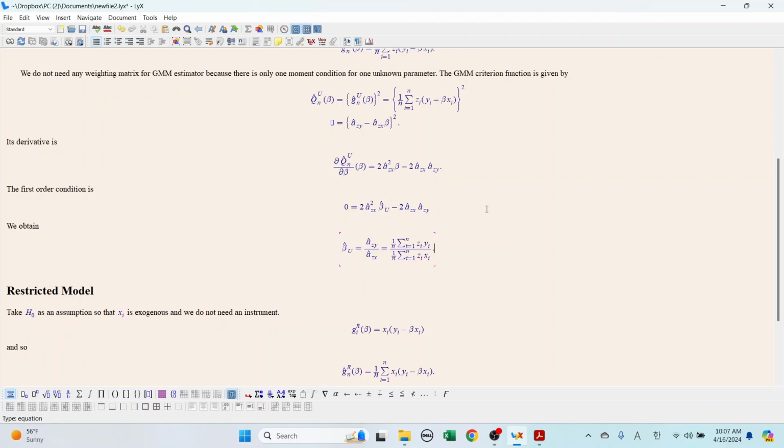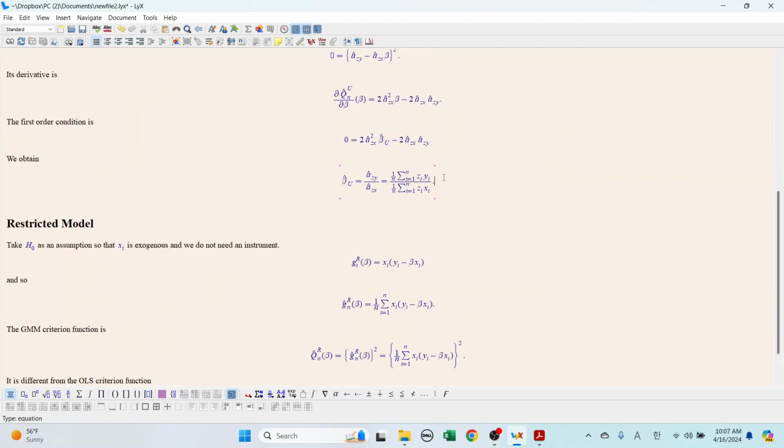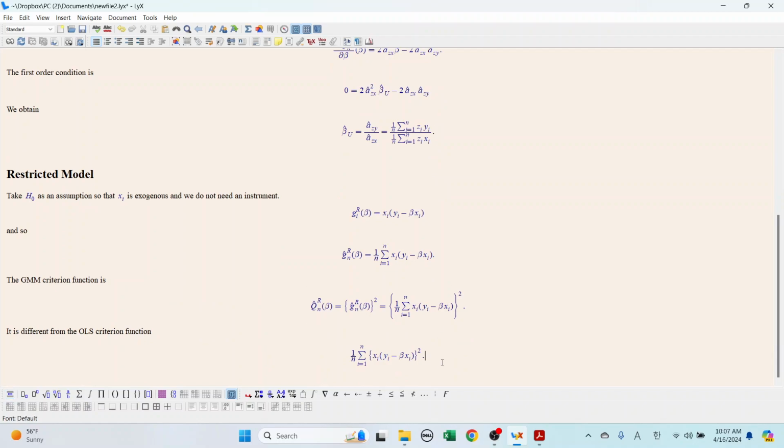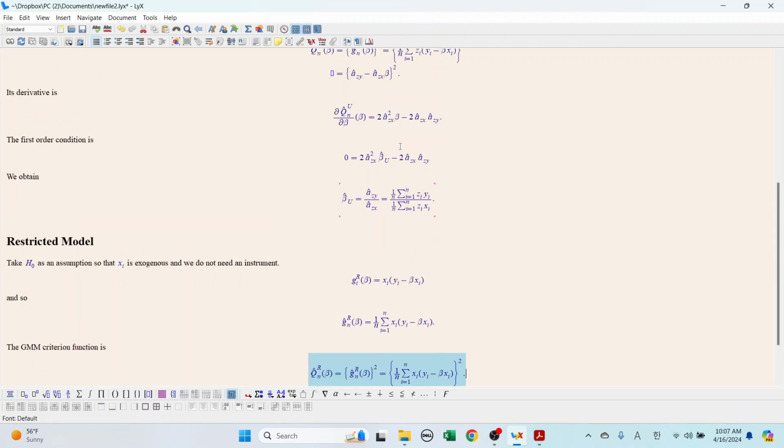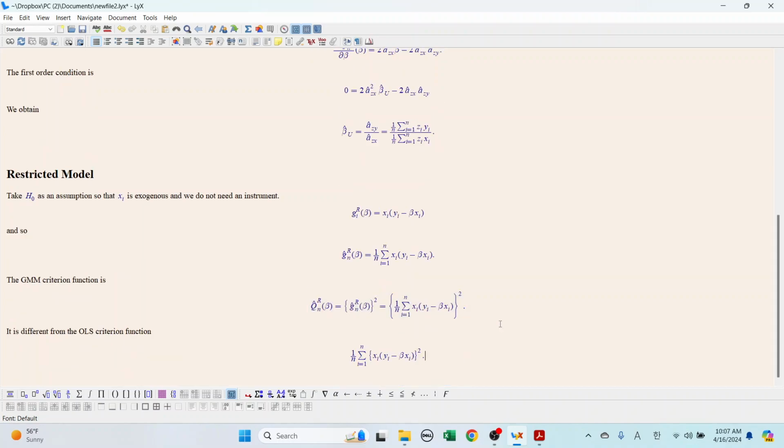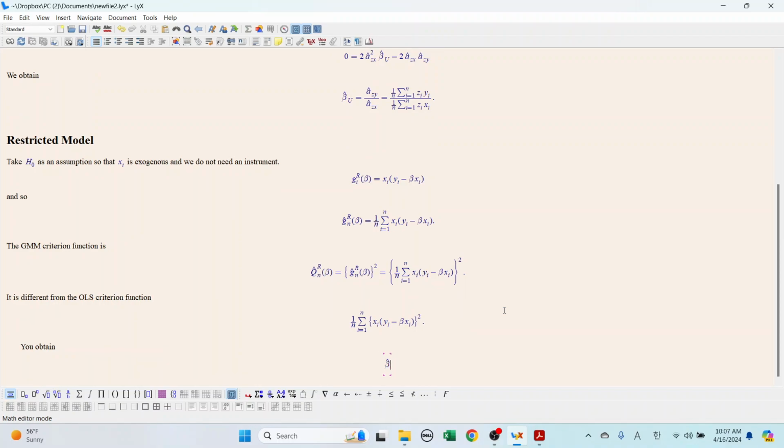Right? So this is a very familiar formula from the instrumental variable regression model. GMM, in the end, gives you the instrumental variable regression. And you can do the same thing here. Of course, this is OLS, but you have to use this one. In the same way, just replace the subscripts, and then you can obtain the restricted model's beta hat, which is xy divided by xx.